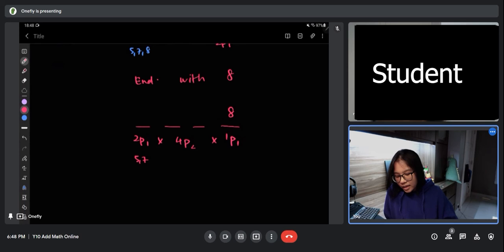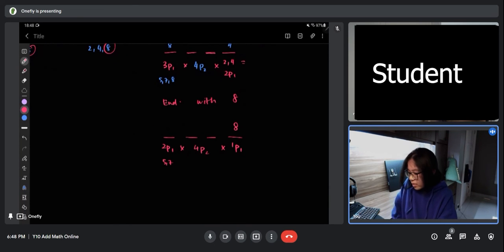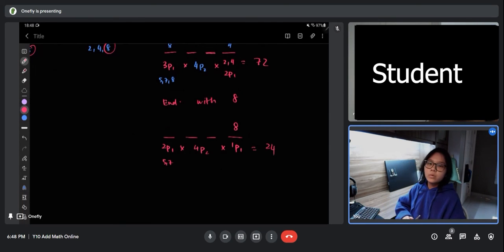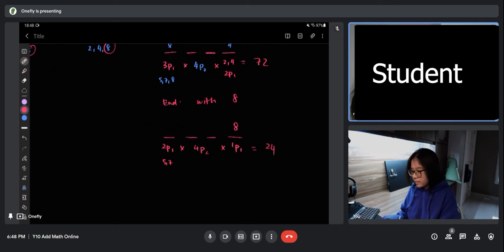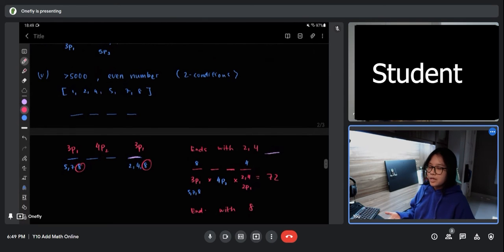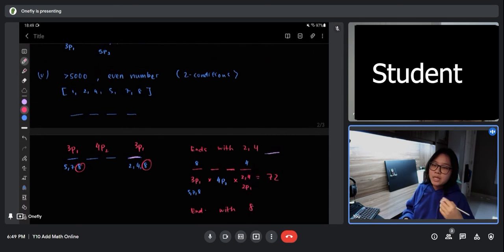So here we calculate already: this one is 72, and this one is 24. Then what is the final answer? The question is asking for the number of possible arrangements when more than 5,000 and even number.